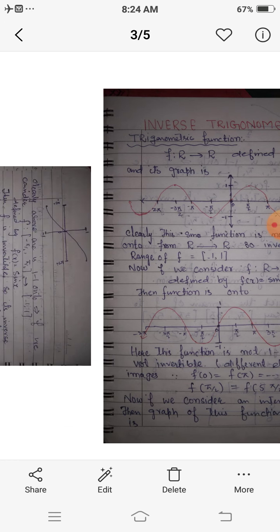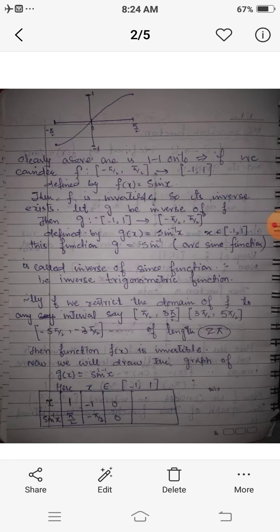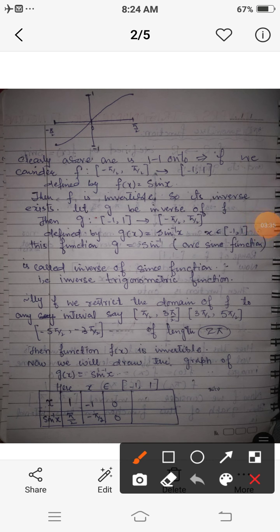So in this interval the graph of this function, which is onto, is like this. From minus pi by 2 to pi by 2, the graph of this function looks like this. So clearly this graph is the graph of a 1-1 and onto function. Here we restrict both its domain as well as codomain.